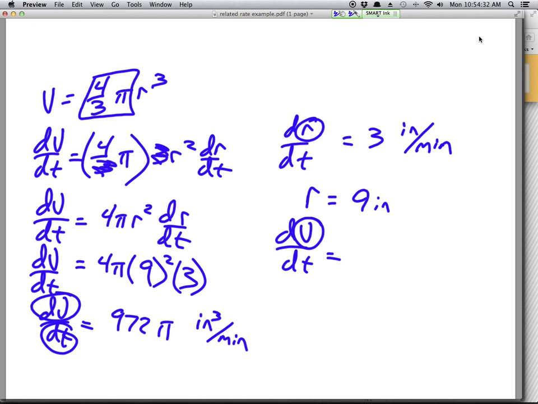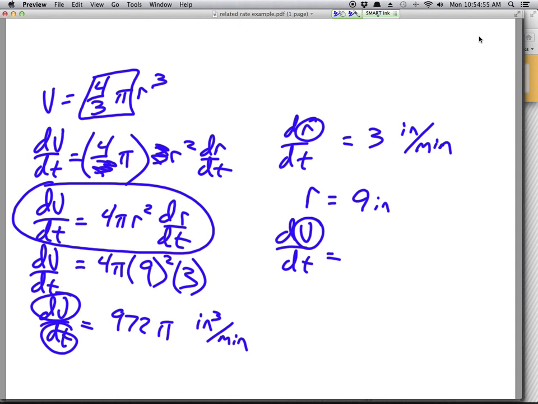It says, explain why the rate of change of the volume of the sphere is not constant even though dr/dt is constant. They're telling me dr/dt is constant. Tell me why dV/dt is not constant. You'll want to look right here. Why is dV/dt not constant?